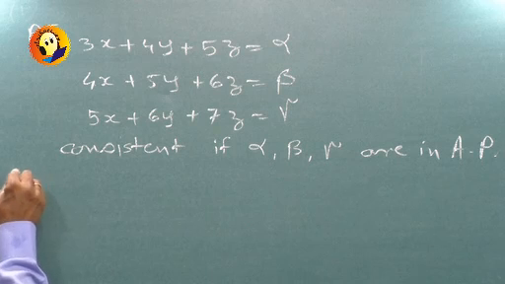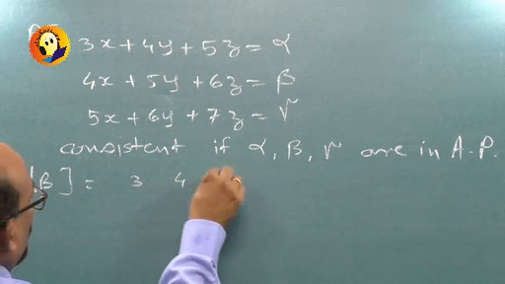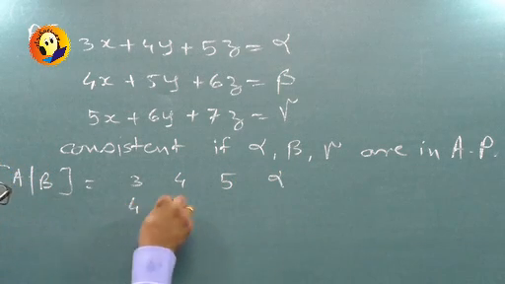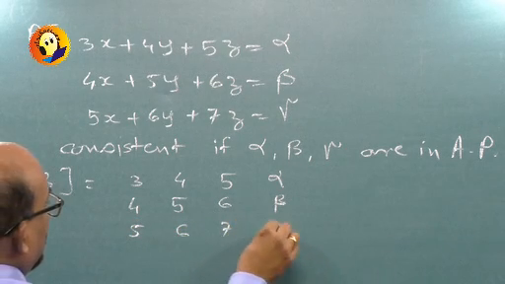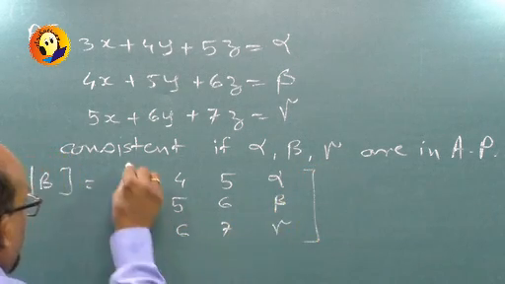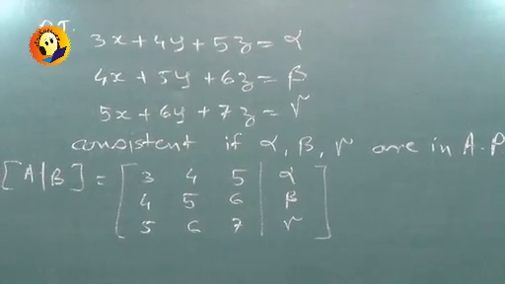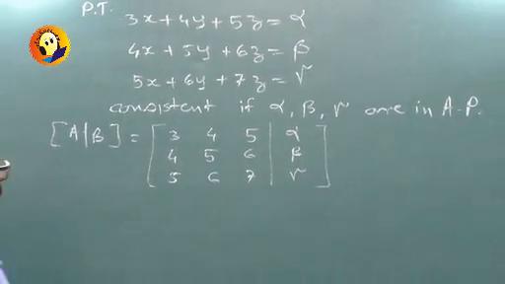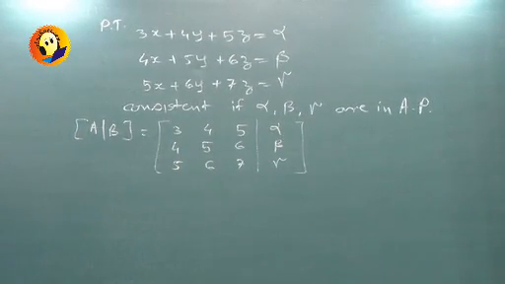So we start with the augmented matrix. It is 3, 4, 5, alpha; 4, 5, 6, beta; 5, 6, 7, gamma. Now, if I subtract this row from these two, many things will be simple, right?